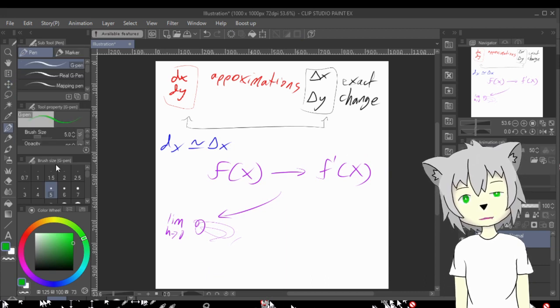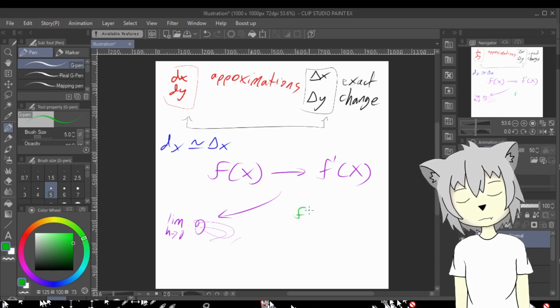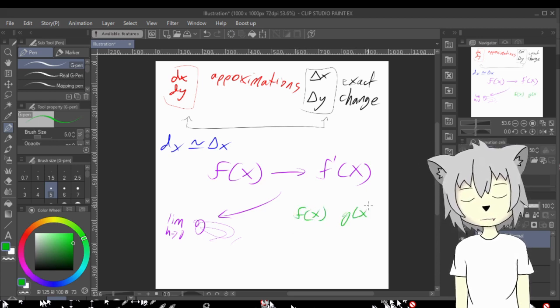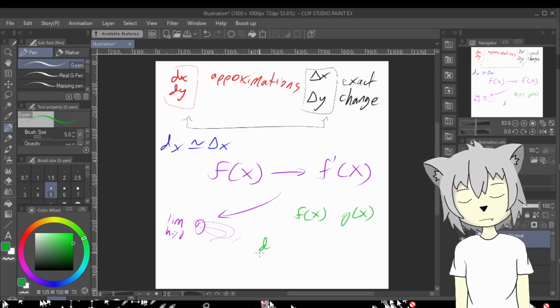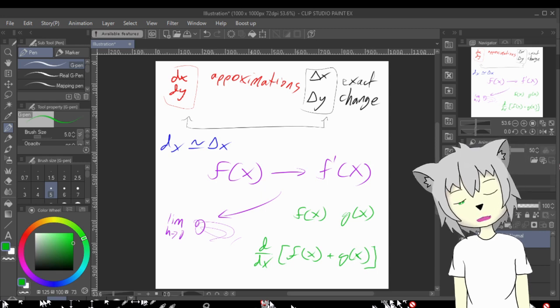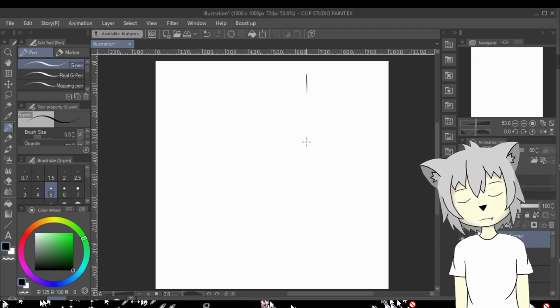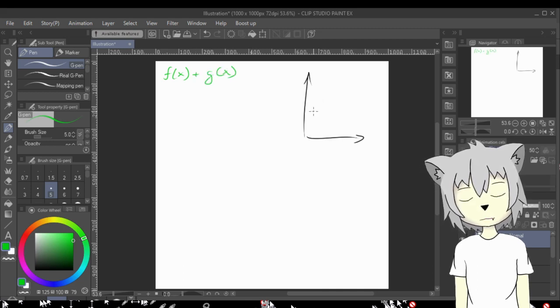There are a few rules of derivatives that are basically the same as regular math. Suppose you have two functions, f of x and g of x. If you were to find the derivative of f of x plus g of x, what's the derivative of that? You can think of f of x plus g of x as being like x plus x squared or something like that.